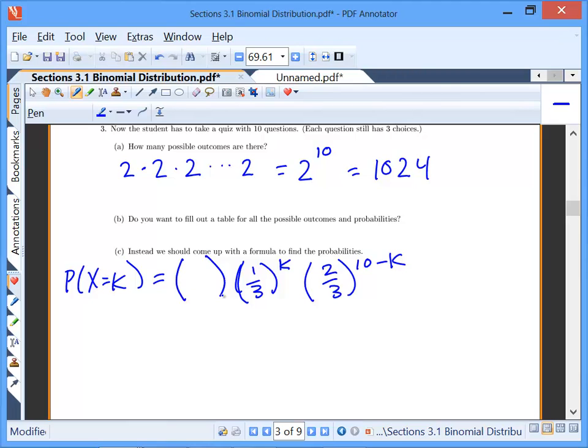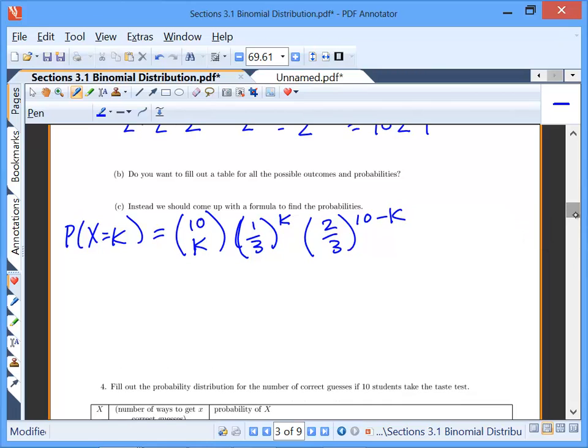How many total questions are there? 10, and I need to figure out how many ways I can get k of them correct. So this is the number of ways to get k correct. That's my combination.